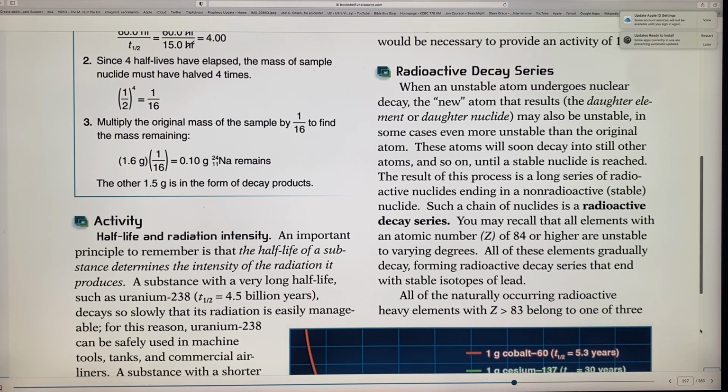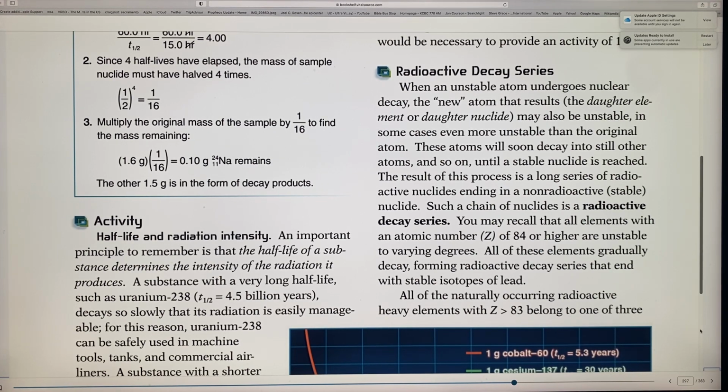When an unstable atom undergoes a nuclear decay, the new atom that results is called the daughter nuclide, right? Because it's changing into a new type of atom, but it's coming from the original. They call it the daughter, and this daughter may be very unstable too, even more unstable.